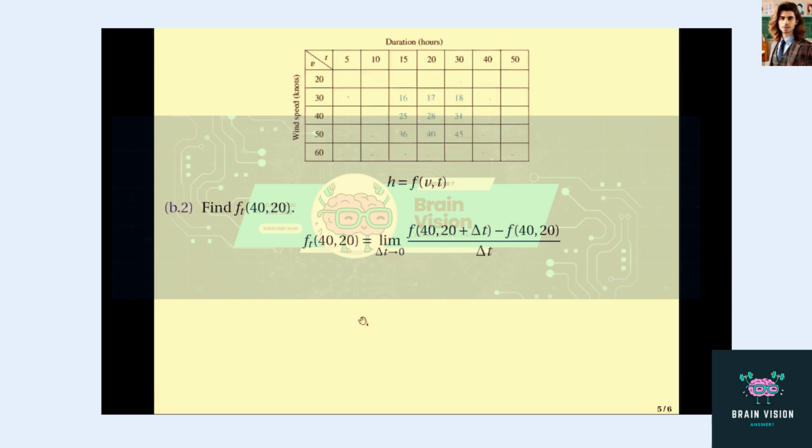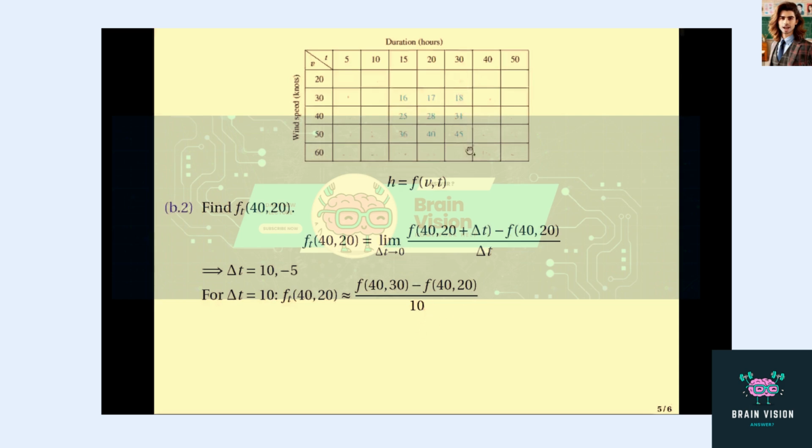So we take our delta t to be 10 and negative 5. When delta t equals 10, f sub t of 40, 20 is approximately f of 40, 30 minus f of 40, 20 divided by 10.